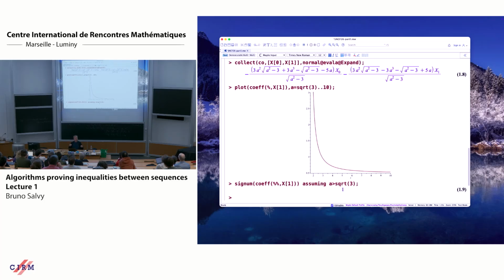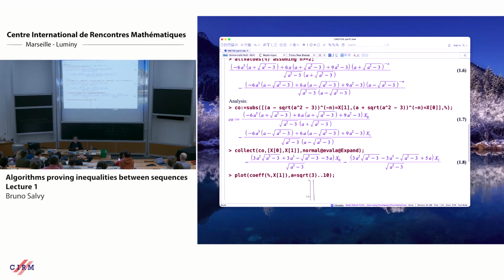It's positive. So there's magic here related to what they know about algebraic numbers, but it's positive. So now I just have to look at the point where this formula starts to be positive, and from then on it will be positive.